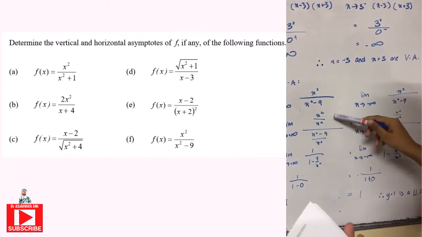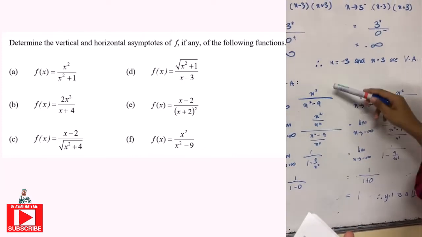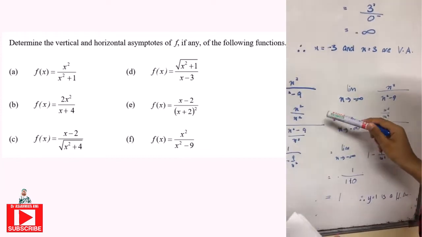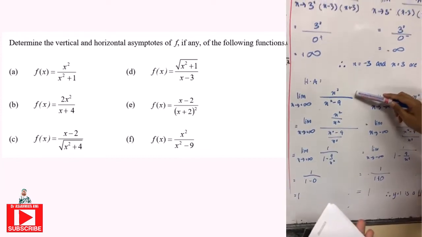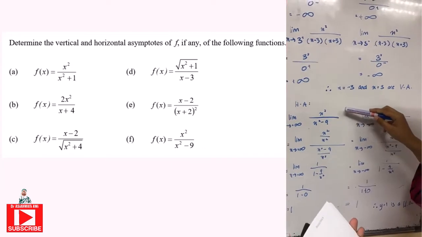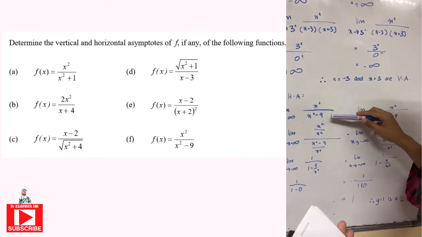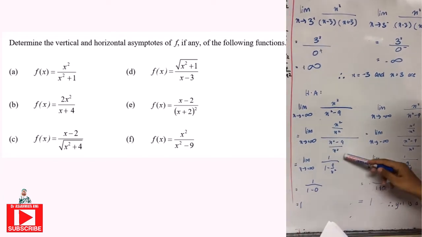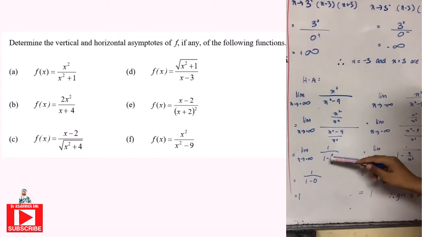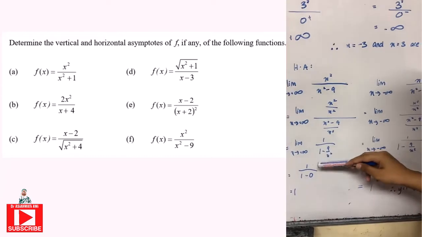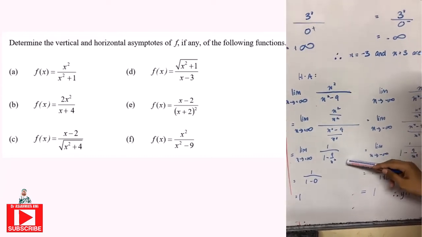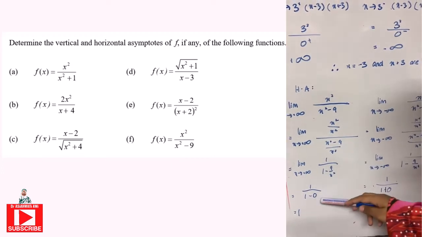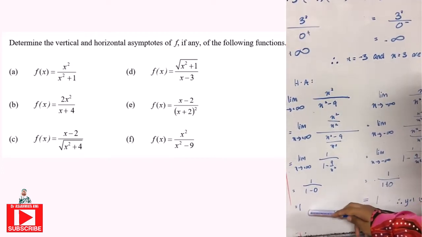So we divide the numerator and the denominator by the highest degree from the denominator, which is x squared. Then we get the limit of 1 over 1 minus 9 over x squared. We substitute positive infinity, we get 1 over 1 minus 0, and we get 1.